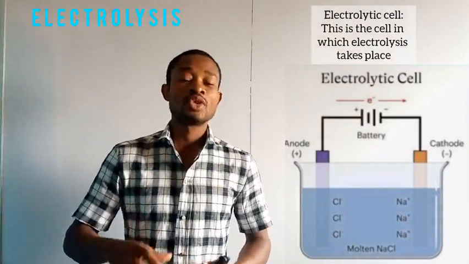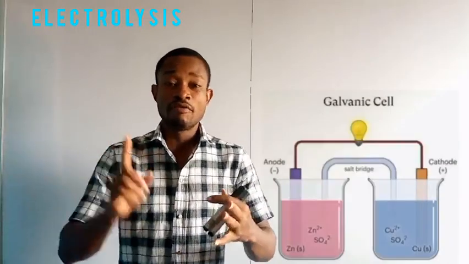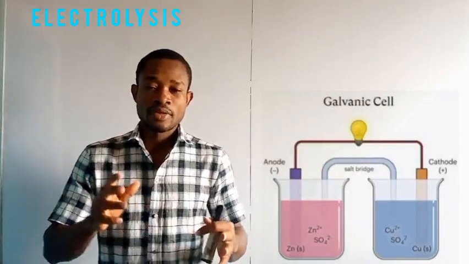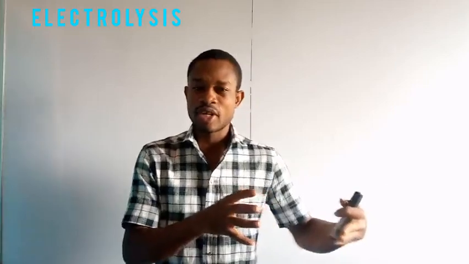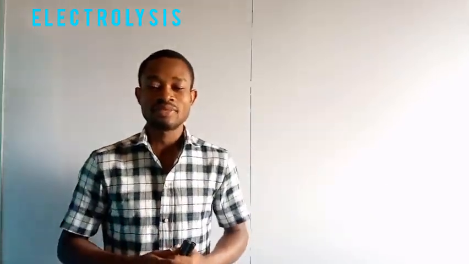Now we have that which we call the electrochemical cell. Electrochemical cell is also called Voltaic cell or Galvanic cell. The reason I'm making reference to this is because I want to explain the concept of anode and cathode.